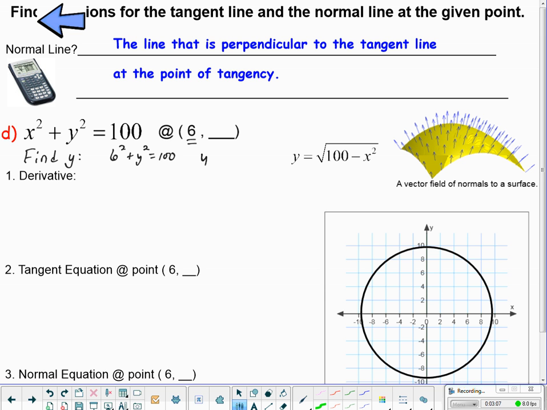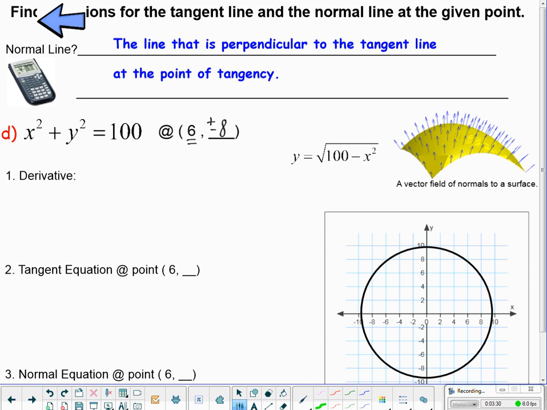That means that y squared is equal to 100 minus 36, or y squared is equal to 64. Therefore, y is equal to plus or minus 8. So I have actually 2 spots here. When x is 6, I get plus and minus 8.